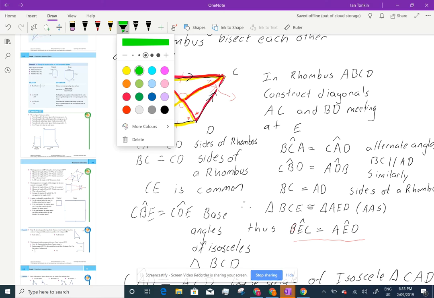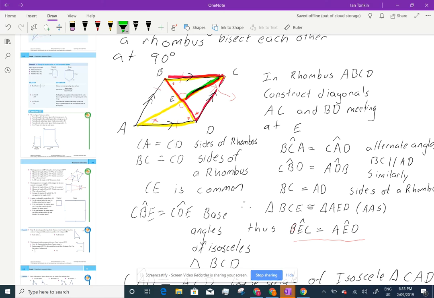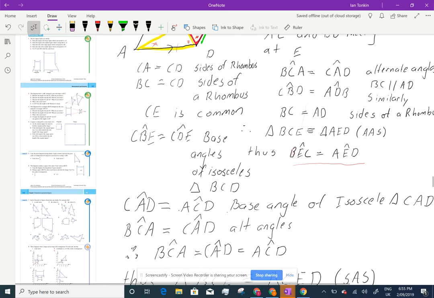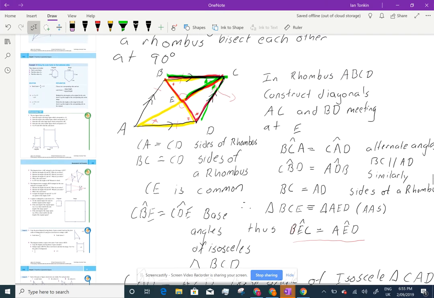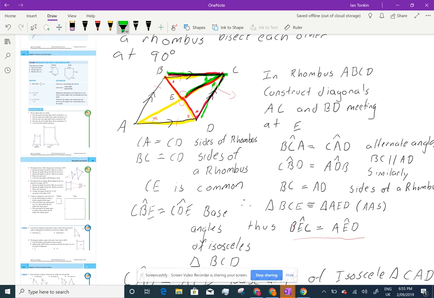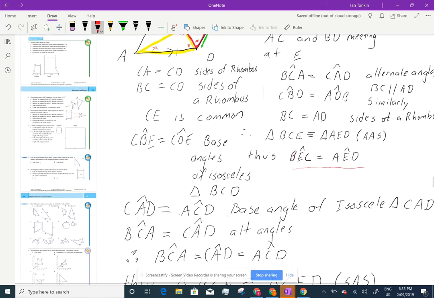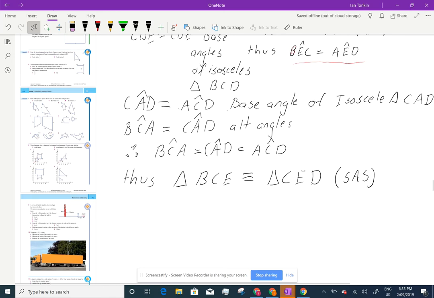This is going to look ugly now. We've got this side, and this side, and the angle in between. Righto. Now that we've proven that, we're going to know that this angle and this angle are equal, and because they're on a straight line, they'll be 90 degrees.